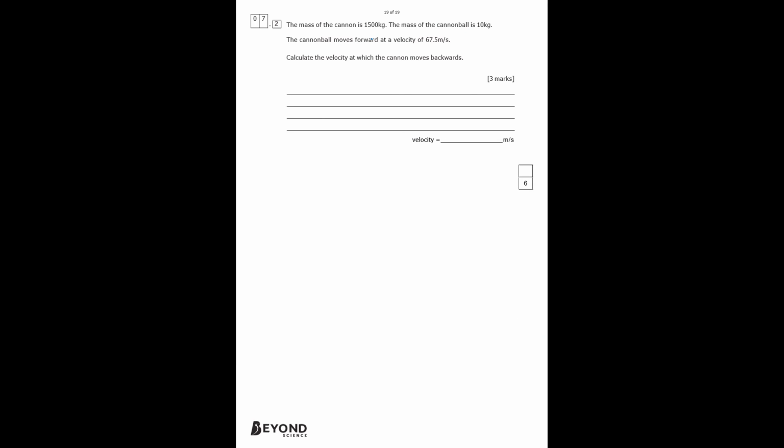7.2. The mass of the cannon is 1500 kilograms. The mass of the cannonball is 10 kilograms. The cannonball moves forward at a velocity of 67.5 meters per second. Calculate the velocity at which the cannon moves backwards. Well, we've just said that momentum before equals momentum after.